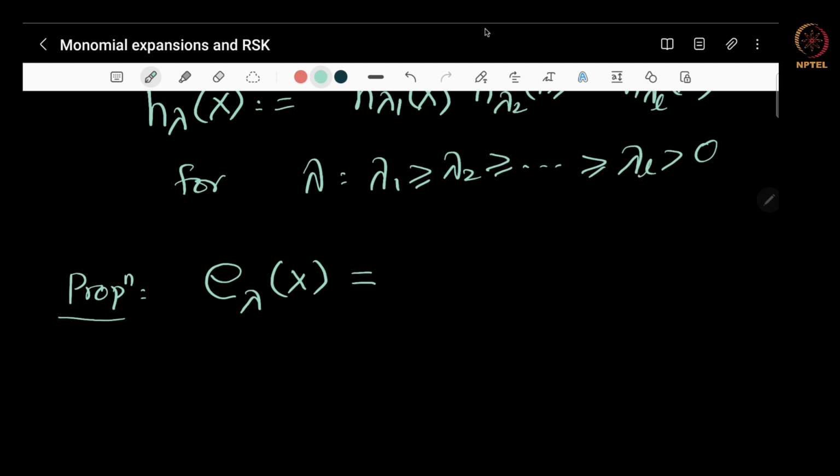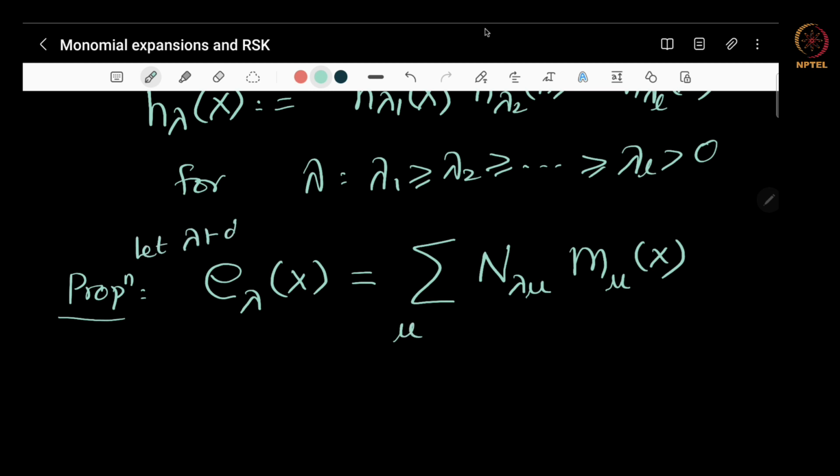So it says the following: if you want to expand E lambda in terms of the monomial symmetric functions m mu of x, then the coefficients are what we'll call n lambda mu. Let lambda be a partition of d. Fix some d and take a partition of d. I look at the corresponding elementary symmetric function E lambda, and what is it equal to?